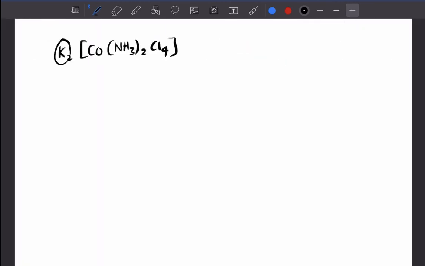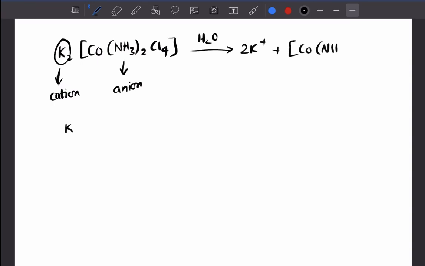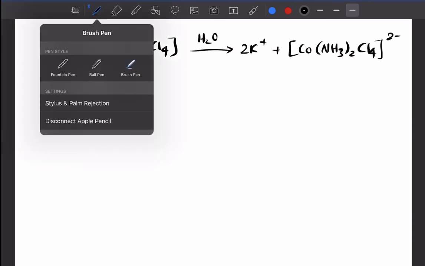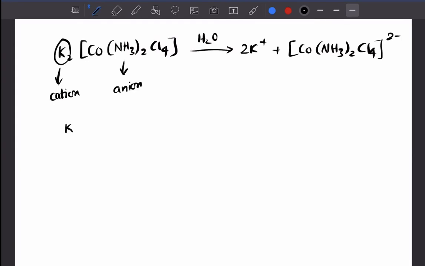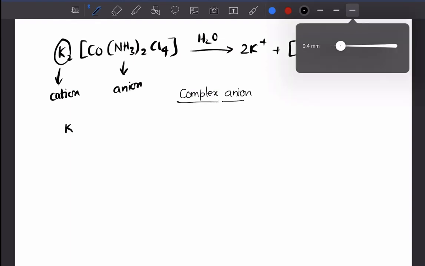We know that potassium is a cation, so this is the complex part, and this becomes the anion. When you mix it in water, you end up with 2K+ and [Co(NH3)2Cl4] 2 minus. So now you have a complex anion.